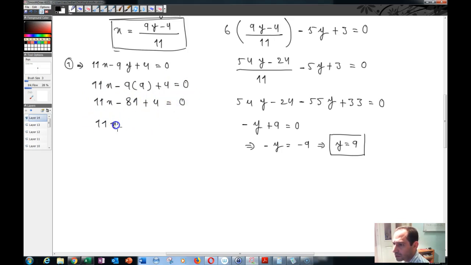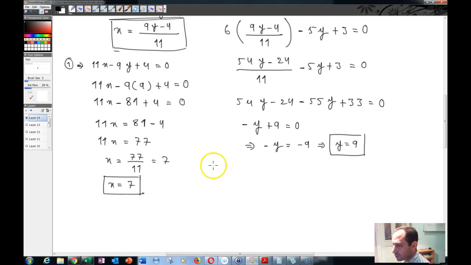So 11x is equal to, take these to the other side of the equation, 81 minus 4, which is 77. 11x is equal to 77, so x is equal to 77 by 11, which is equal to 7. So your x is equal to 7.